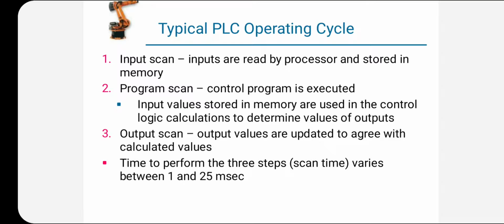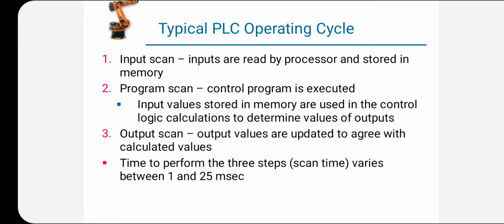The typical PLC operating cycle, as all of us know, is input scan, program scan and output scan. Inputs are read by the processor and stored in memory. Then in the program scan, the control program is executed.